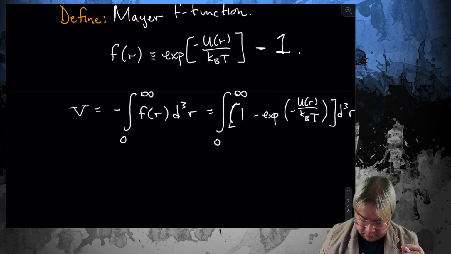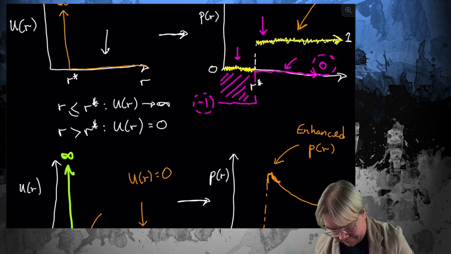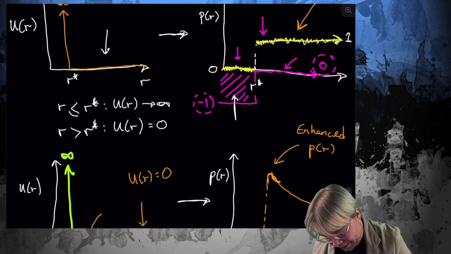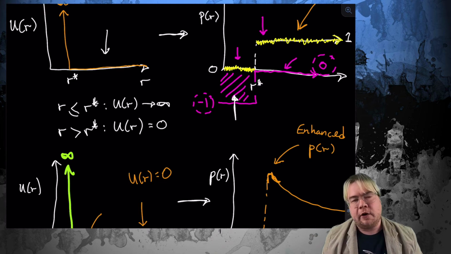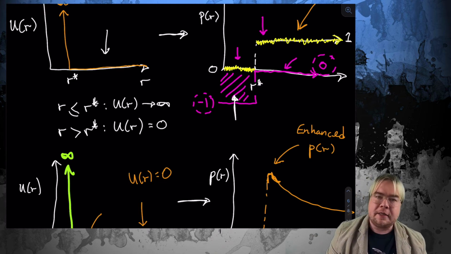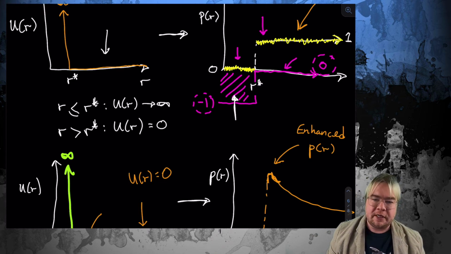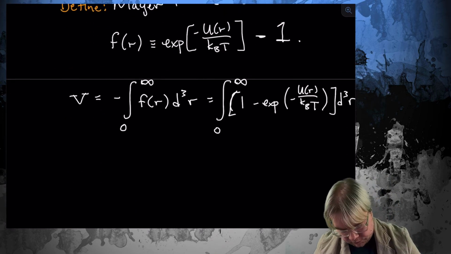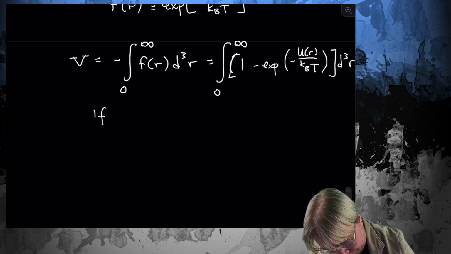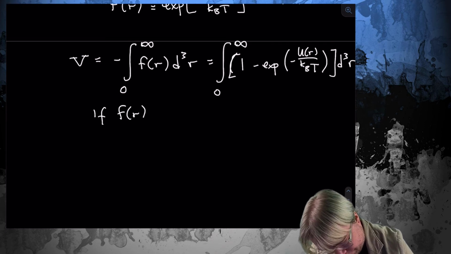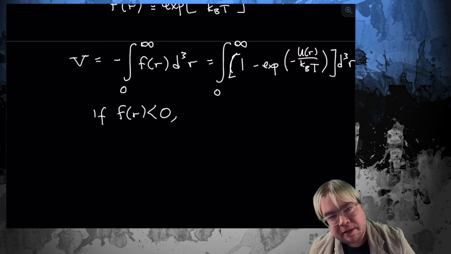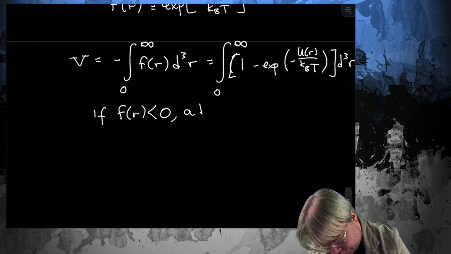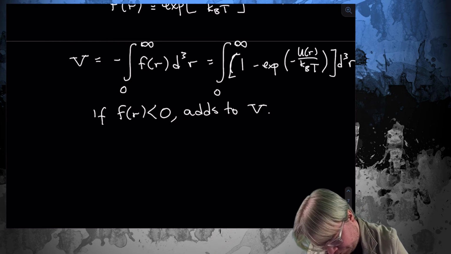So if you look up here, if I have a Mayer f function that's less than 0, then that part that's less than 0 is going to contribute something that's positive to my excluded volume. So in other words, if f of r is less than 0, then this adds to the excluded volume.